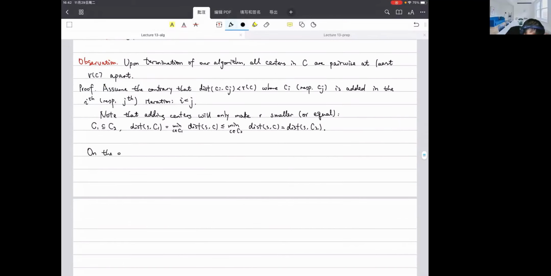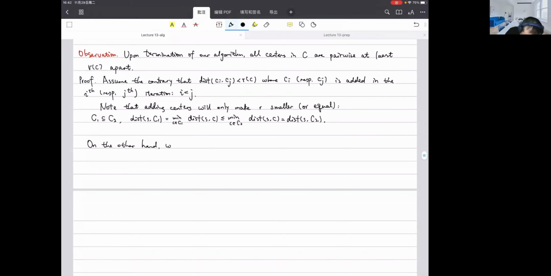On the other hand, we know that when our algorithm runs the ith iteration, it is our choice to pick Ci and Cj into this algorithm, and basically we are using a greedy algorithm. So as we choose Ci and Cj into our set in the ith and jth iterations respectively, we know that they are going to have some good properties.